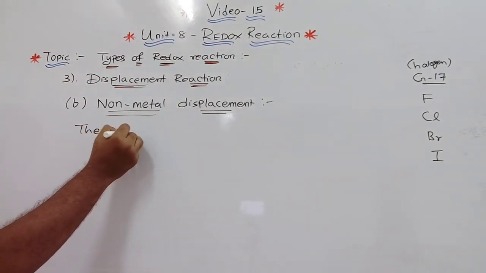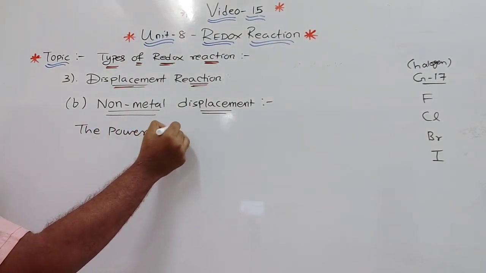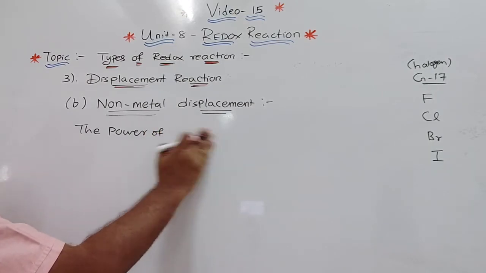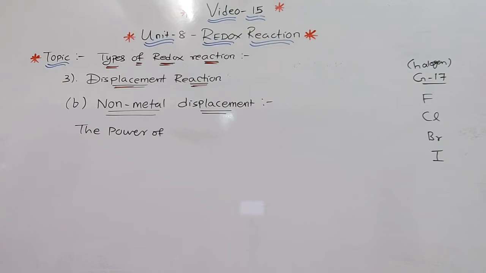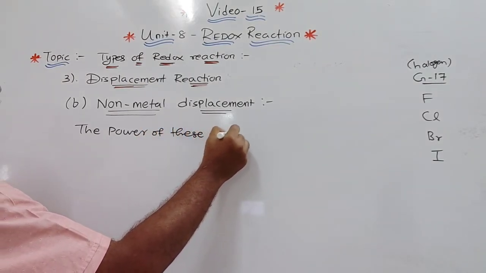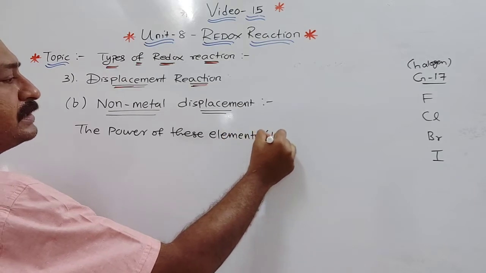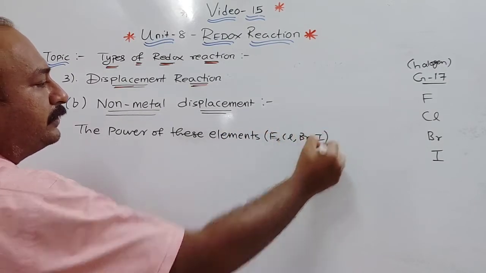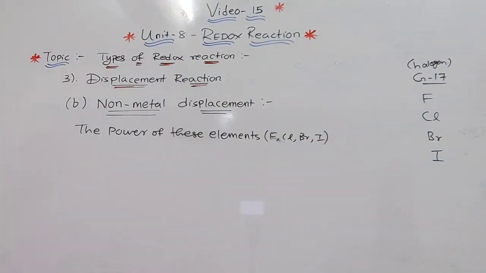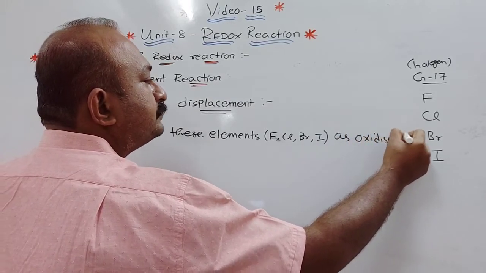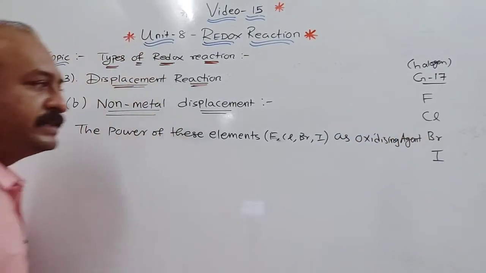The power of these elements, fluorine, chlorine, bromine and iodine, as oxidizing agent.